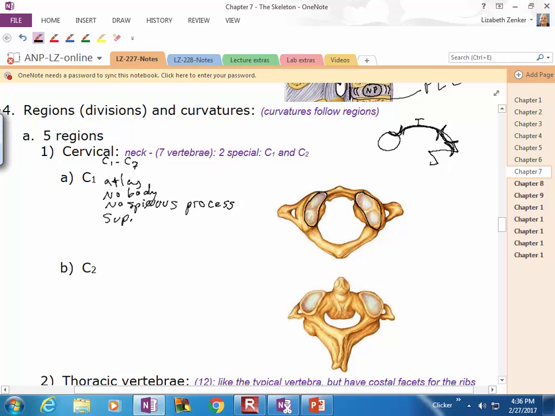So the superior articular processes are mounted on the lateral masses, and they articulate with the occipital condyles.